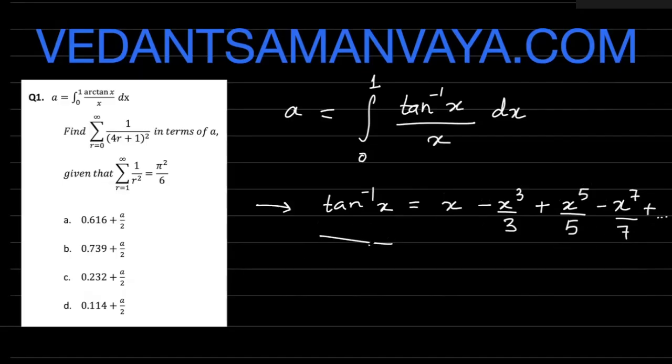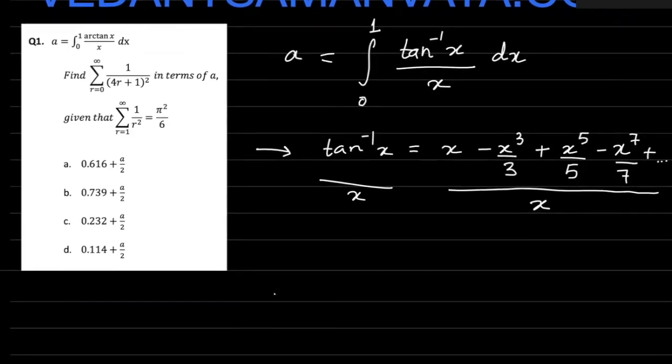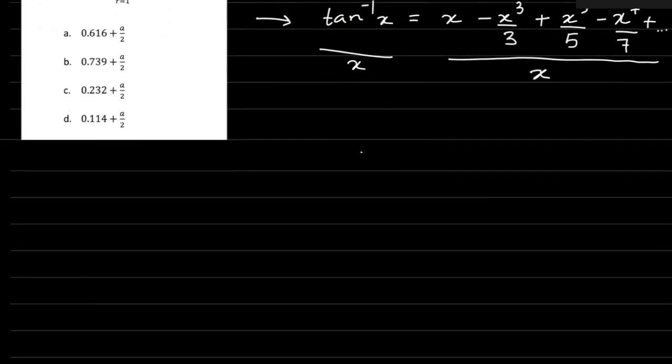So therefore, tan inverse x by x becomes 1 minus x square by 3 plus x to the power 4 by 5 minus x to the power 6 by 7 and so on till infinity.